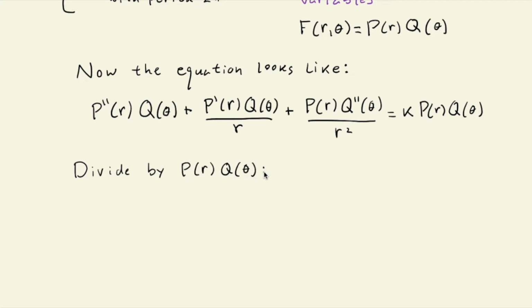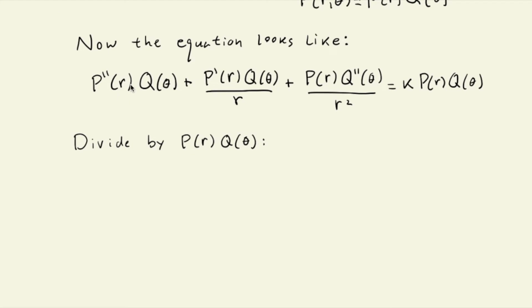On both sides. So this gets rid of this q there, so you get p prime prime r. This also gets rid of that q plus p prime. Okay, so that divides by p.